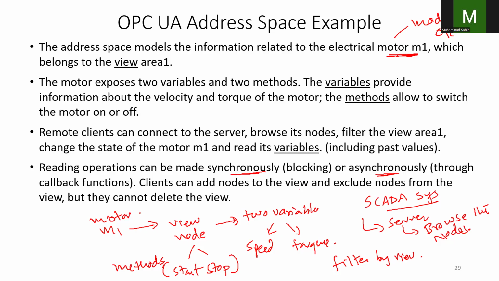Also, clients can dynamically add or remove nodes within the view, but they cannot delete the view itself. This helps in maintaining the structural integrity of the overall address space while still enabling flexible client interaction. So this address space is a crucial element, and that's why we need to discuss this in detail.